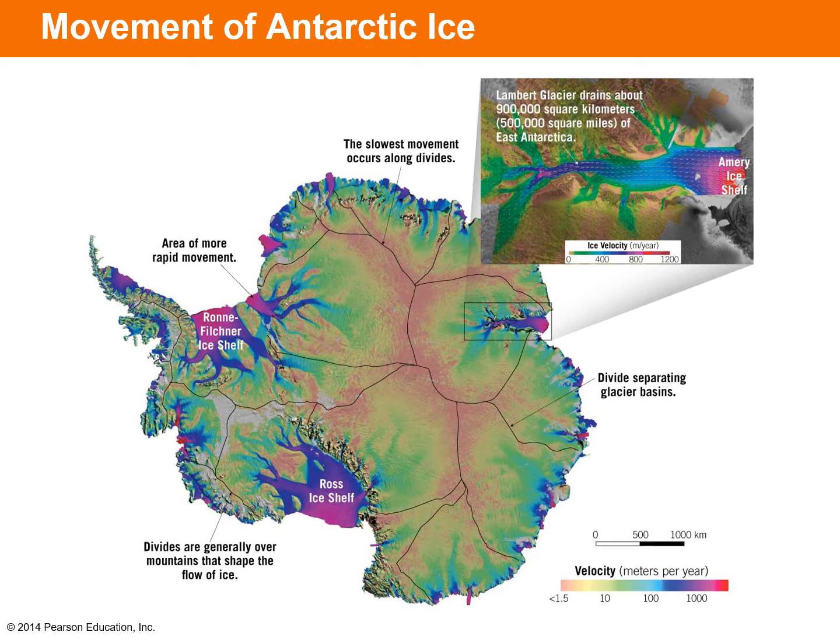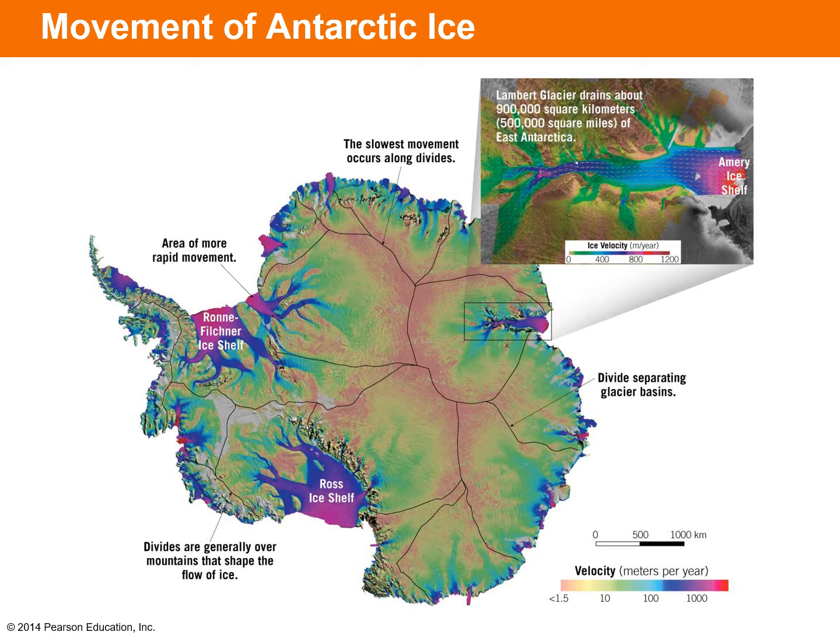And then as you move away from those divides, the rate of movement of the ice goes from less than 1.5 meters a year quickly to over 10 meters per year, or the green shaded areas within Antarctica here.